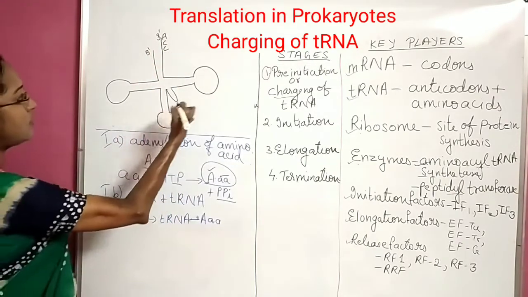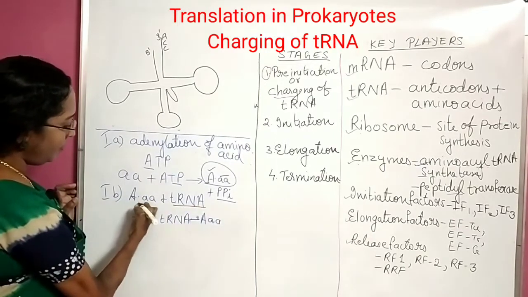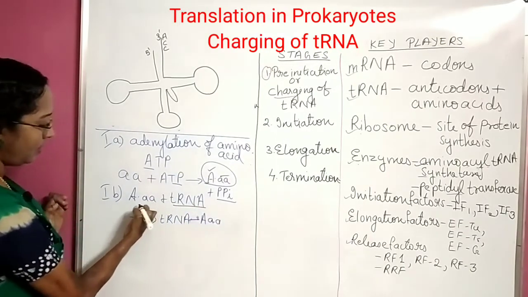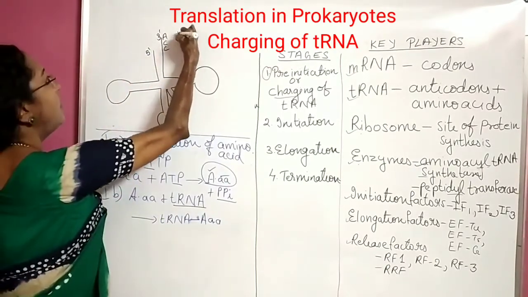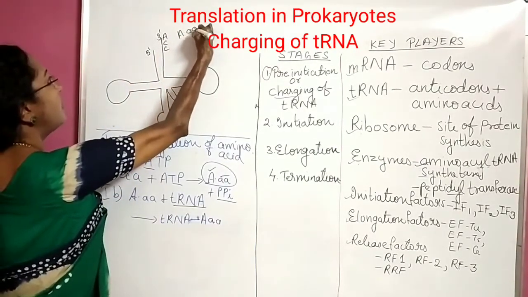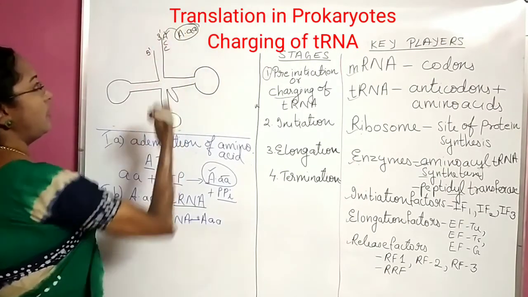So this is our tRNA. To this tRNA, the adenylated amino acid is coming. So adenylated amino acid is coming here and it is getting attached to this tRNA.